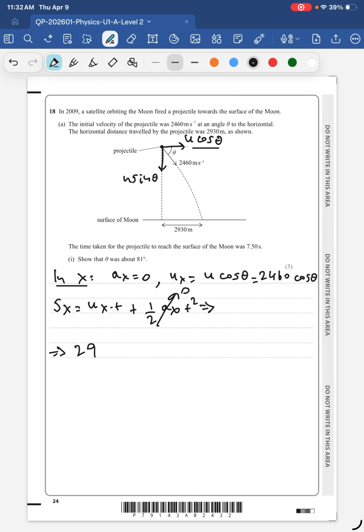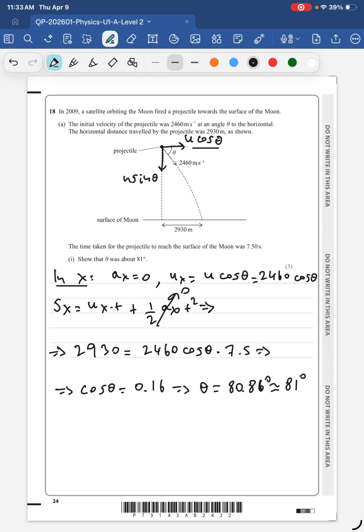So we know that it travels for 2,930 meters, and this is equal to 2,460 times cosine theta times the time taken, which is 7.5. So cosine theta is 0.16. So theta is 80.86 degrees, which is about 81 degrees. Okay, so almost vertically, pretty much.